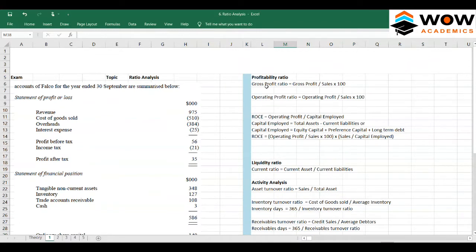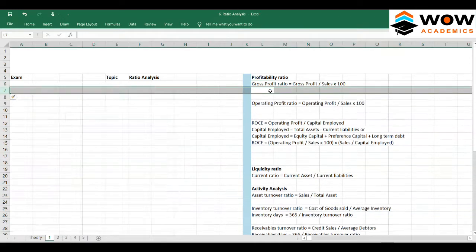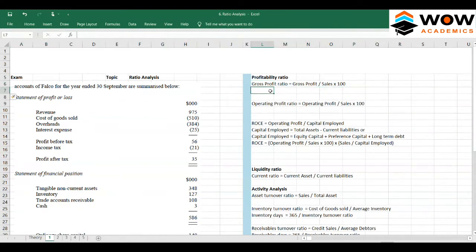We have to get the gross profit. Is gross profit available? Yes. If you see here, the revenue minus cost of goods sold, that is gross profit. If you are going to do any extra step, gross profit equals revenue minus COGS minus any direct expense.